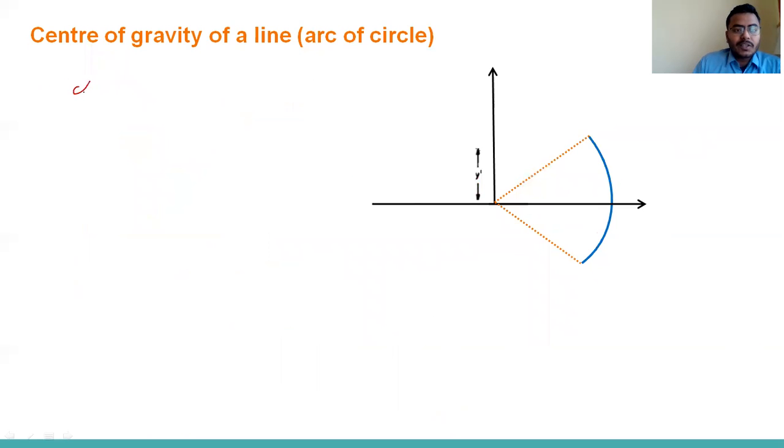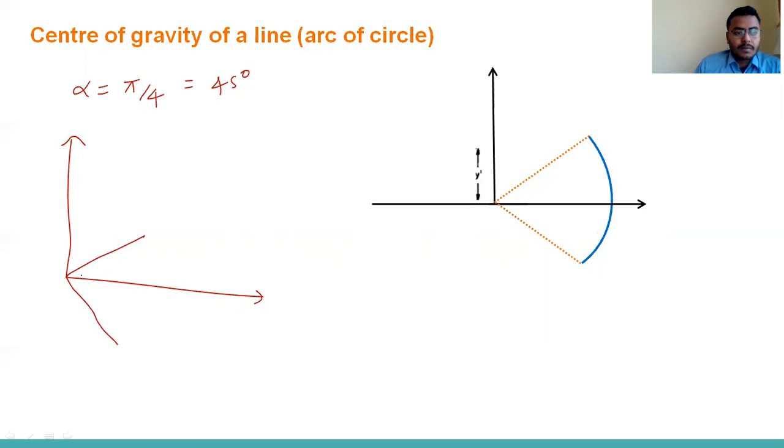Now I am taking alpha equal to pi by 4, means 45 degree. What will I get? See, this is 45 alpha, this is also alpha, 45, so it will become 90 degree. Centroid will be somewhere here.